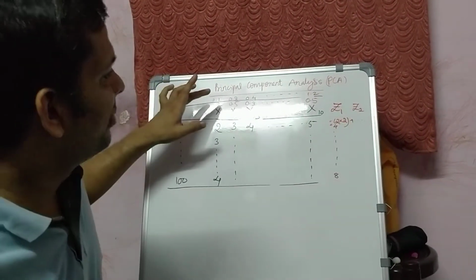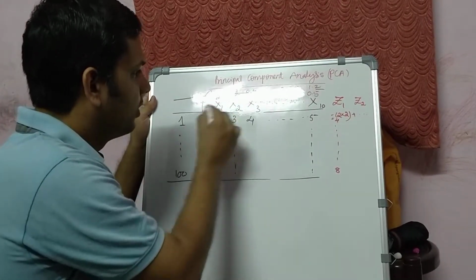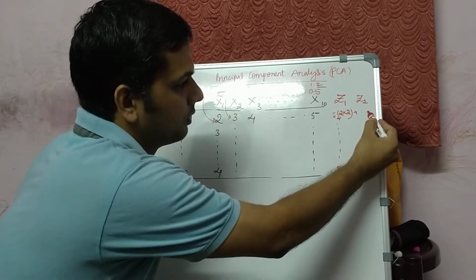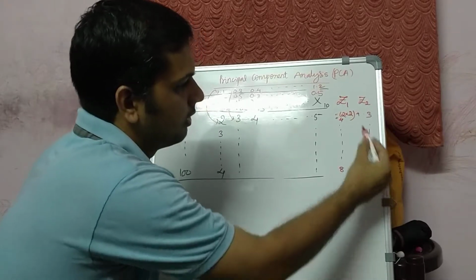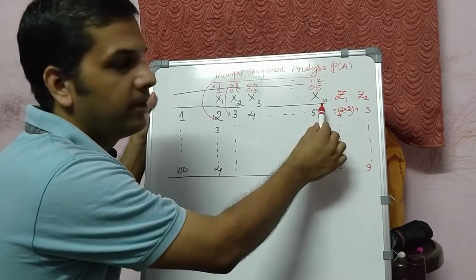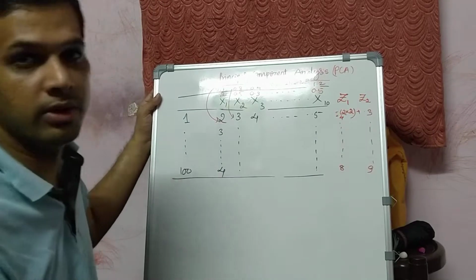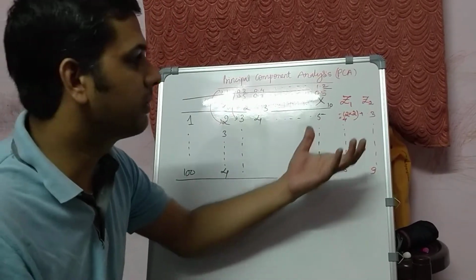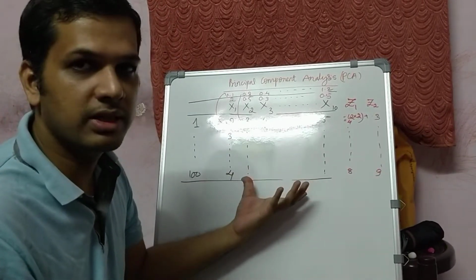Now, if we multiply 0.1 with 2 and 0.8 with 3, we will get another value for Z2. In the similar way, since we have 10 independent variables or features, we can calculate up to 10 principal components. But if we retain all 10, what is the use of calculating principal components? Instead, we can very well use all these 10 features.